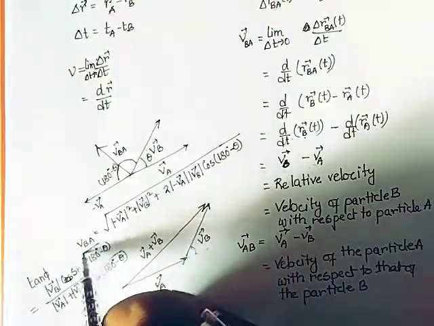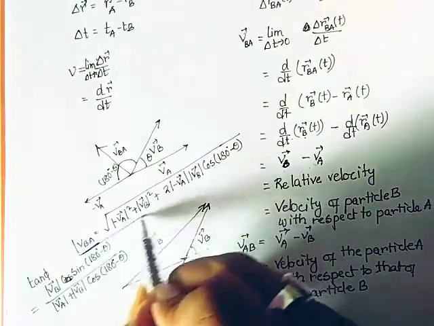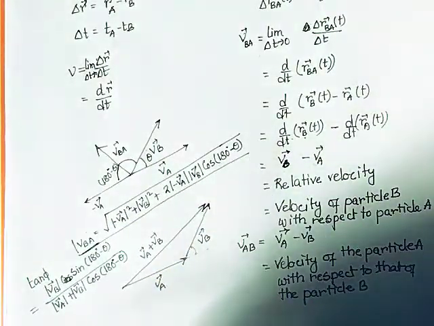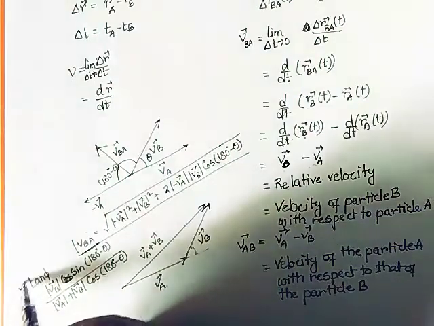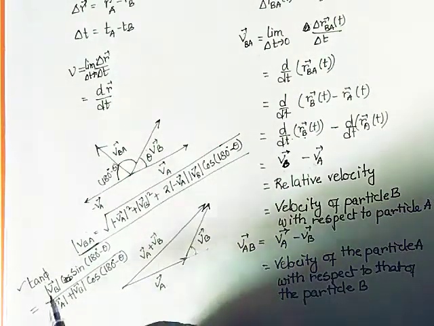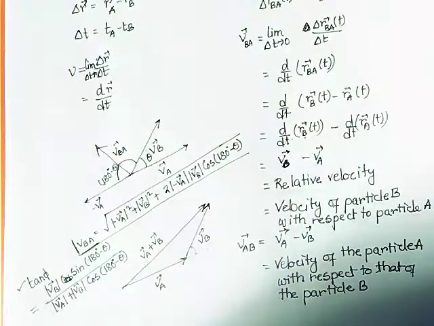So this thing gives us the value of the resultant, and this thing gives us the angle of the resultant vector. So we can get the relative velocity vector.